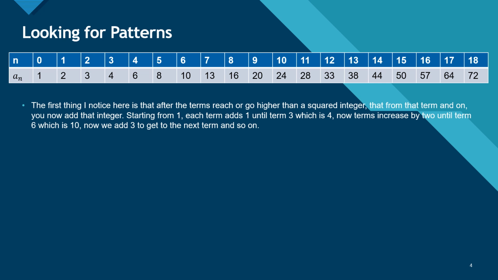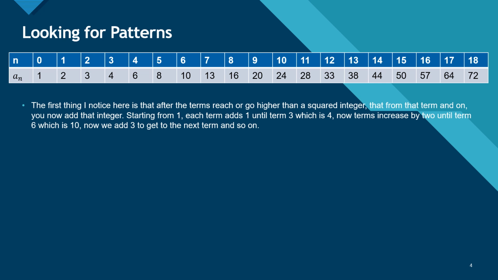So, for example, when a of n equals 1, starting at n equals 0, up until when a of n equals 4 at n equals 3, it's increasing by 1 increments. And then from 4 and beyond, it now increases by 2 increments. So the floor of the square root of 6, 8 and 10 are 2.